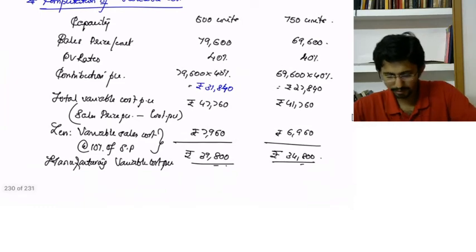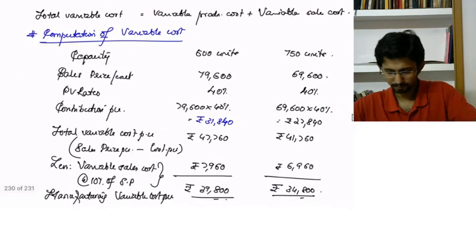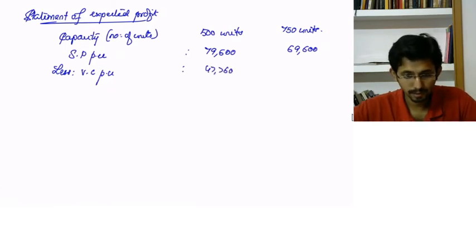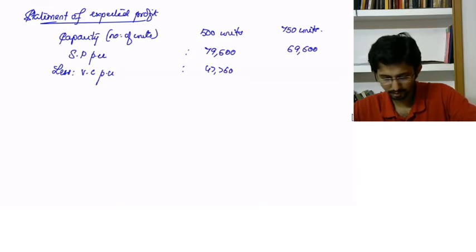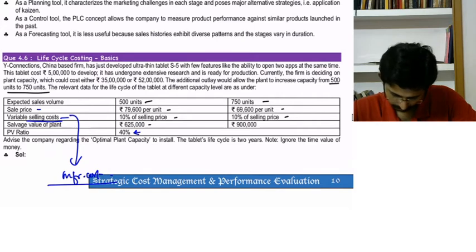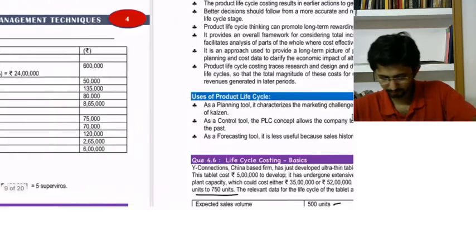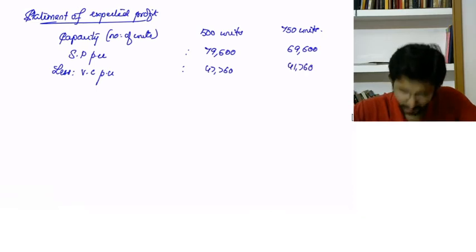Variable cost per unit is 47,760 here, and here it is 41,760.